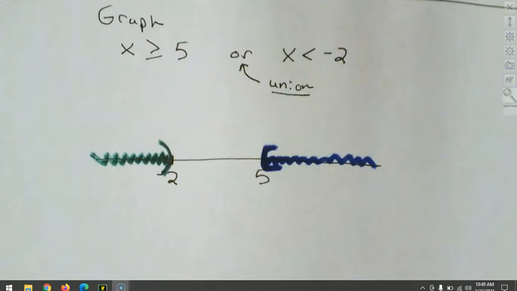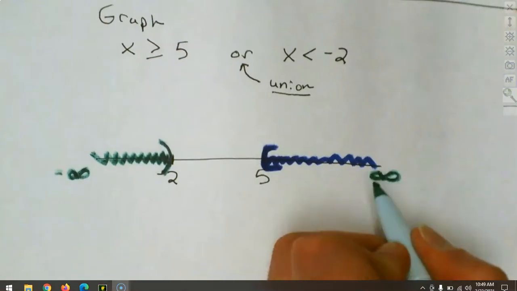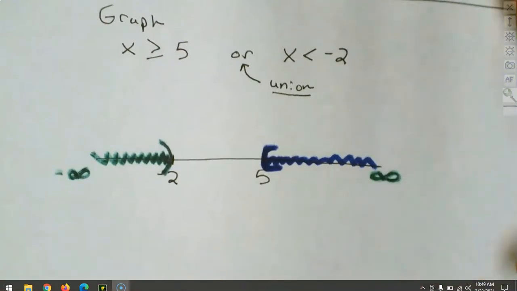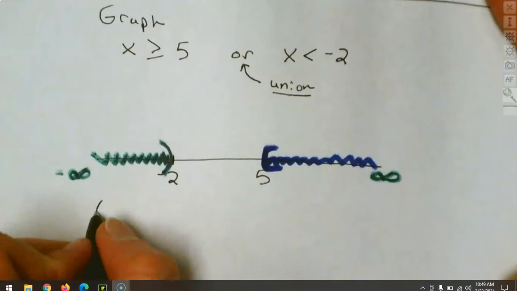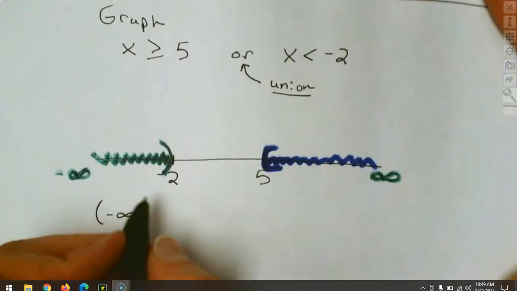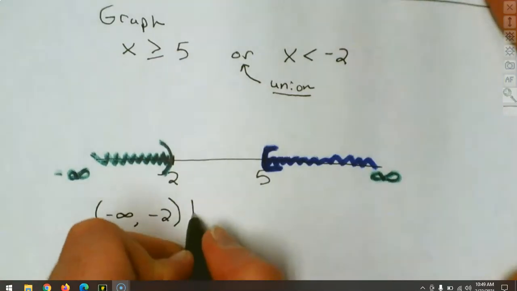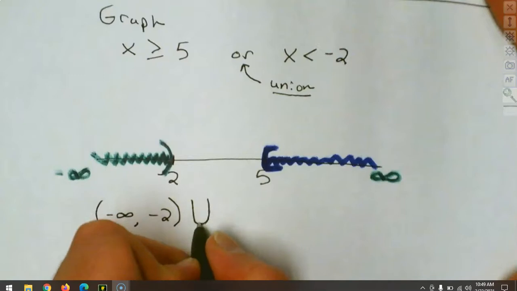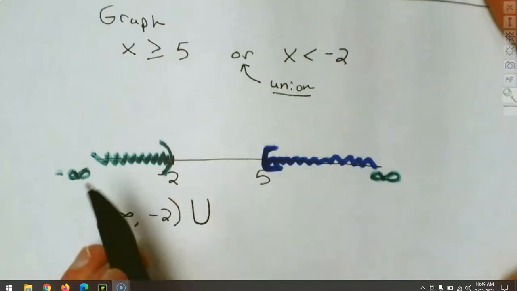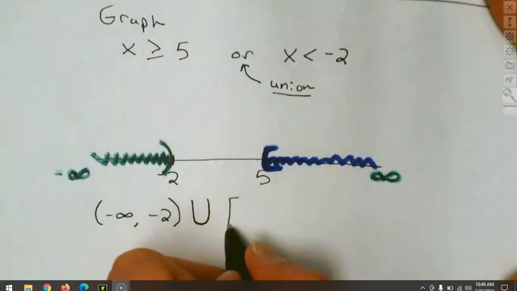So how we write our answer when we combine them together is like this. This is negative infinity. This is positive infinity. So we write them like this. We use parentheses, negative infinity, comma, negative 2 with parentheses. Then we use a U for union, because U means we're putting them together. We're splicing the pieces together. And what's our other half?